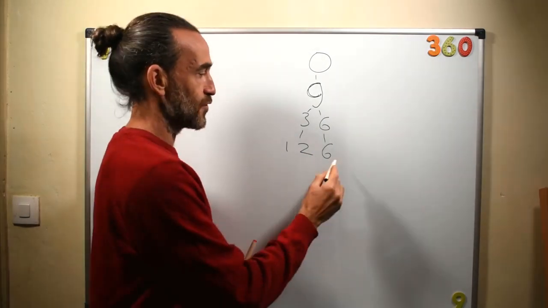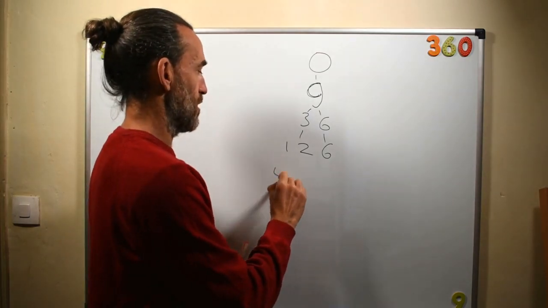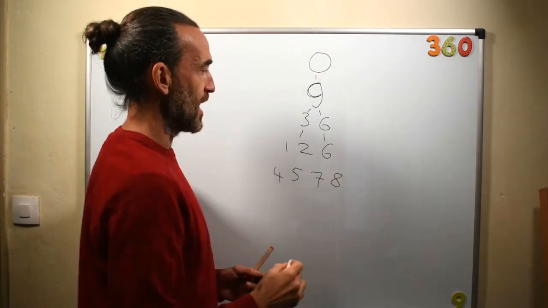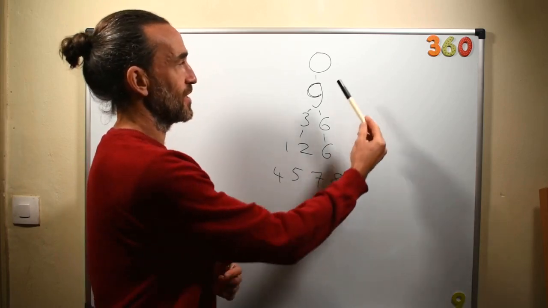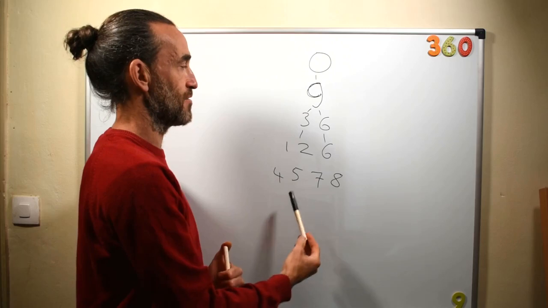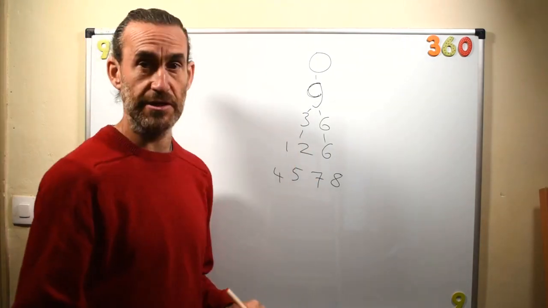And then out of the 1, 2 and 6 we get all the other numbers, which are 4, 5, 7 and 8. So it's kind of like a generation thing. This is the zero generation, this is the first generation, second, third, fourth generation, so 1, 2, 3, 4 numbers in each generation.